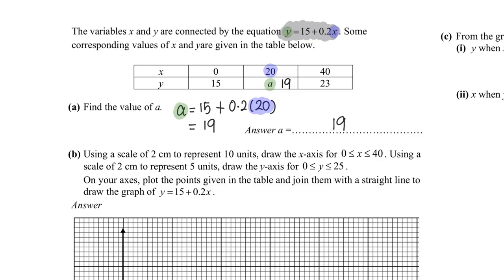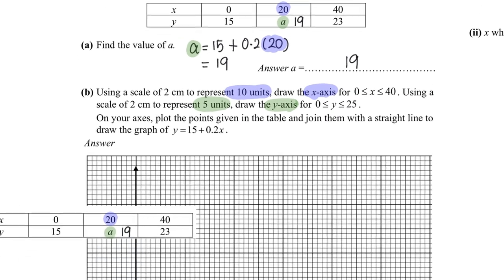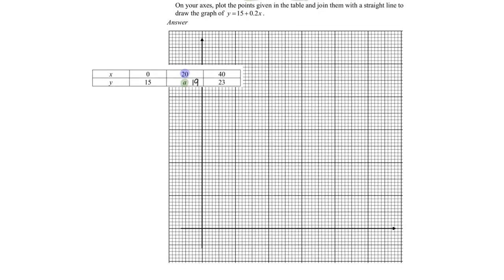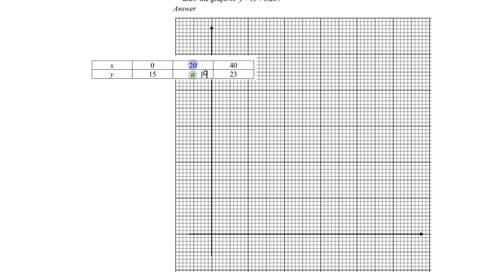And using a scale of 2 cm to represent 5 units to draw the y-axis. I'm going to cut out this table so that it's easier for me to draw later on. So let's move on to part B first.